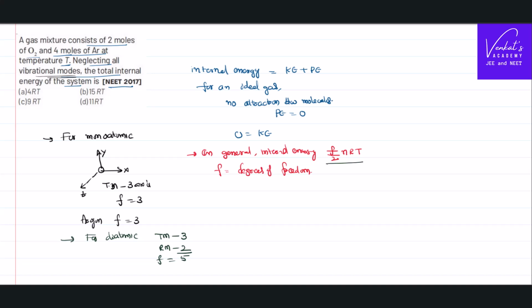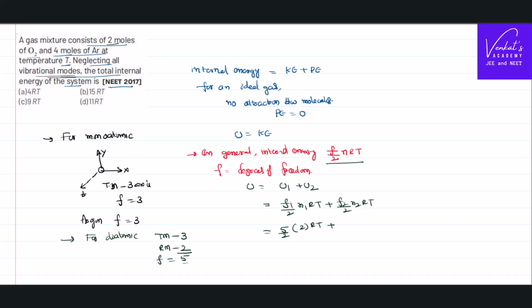Taking those two things into consideration and knowing this formula, you can write total internal energy as the internal energy of the first one plus the internal energy of the second one. Internal energy of the first one is F1 by 2 N1 RT. For the second one, F2 by 2 N2 RT. F1, being oxygen, has 5 degrees of freedom, and the number of moles is 2, RT.